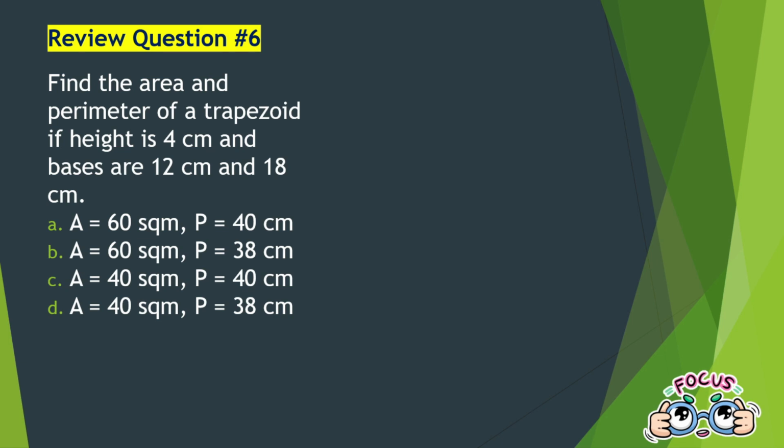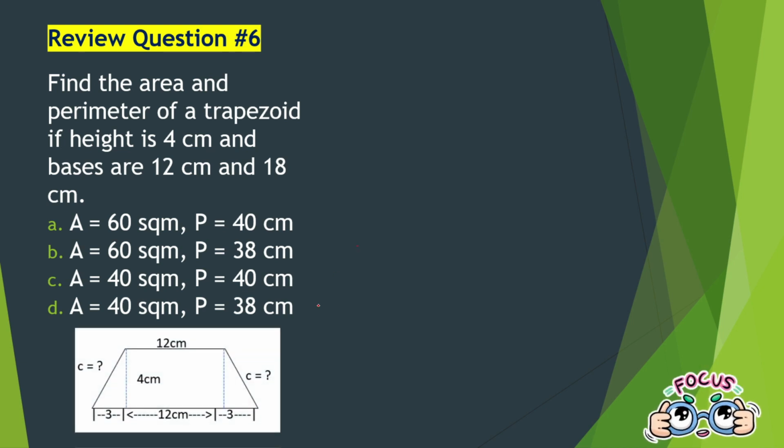So if we will try to illustrate the figure, it will look like this. So it's a trapezoid. Ito po yun. So bases are 12 cm and 18 cm. Pag hinati mo po yan, meron ka dito magiging equal na tag 3 centimeters.